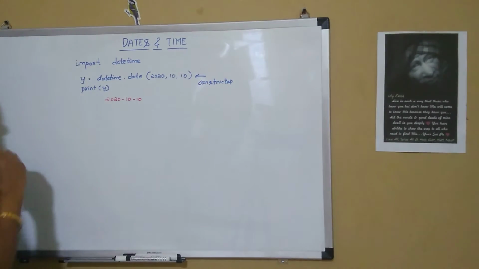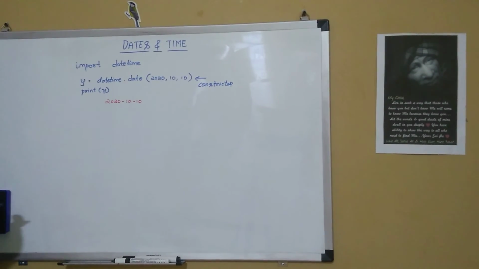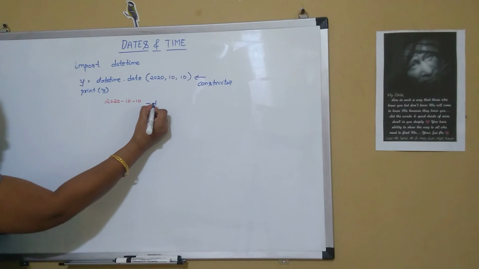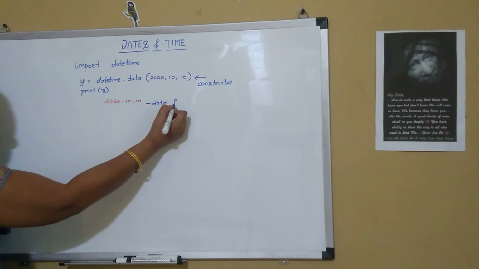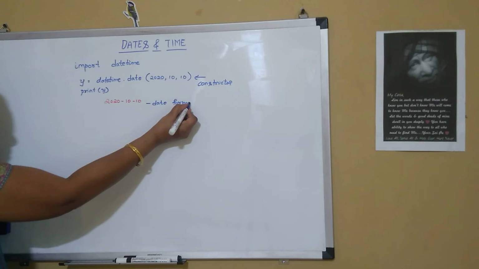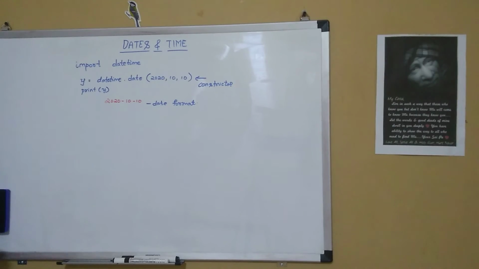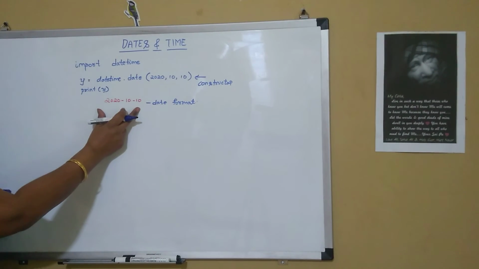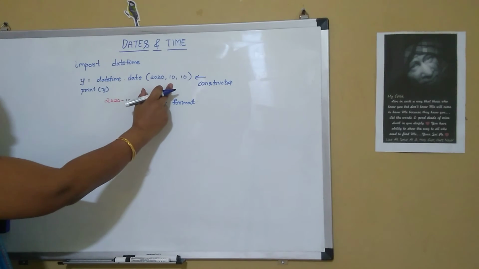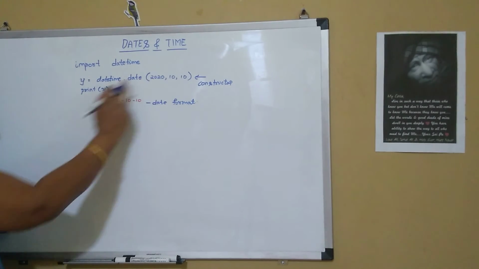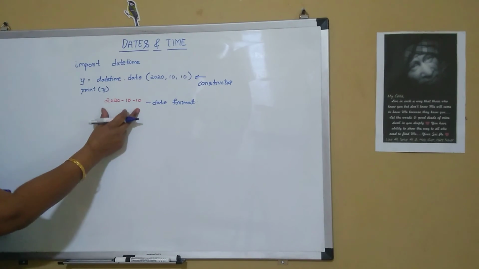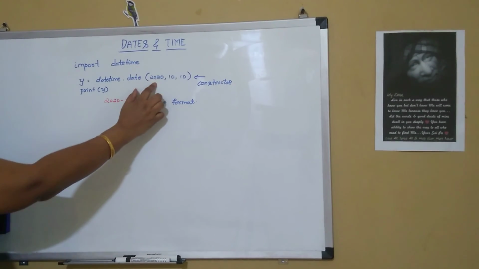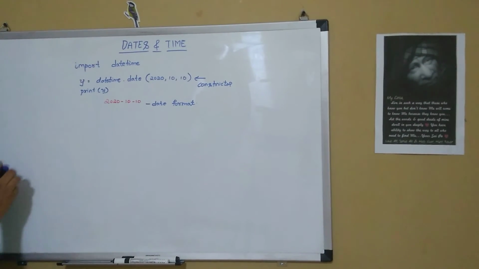Within the date constructor we are passing the values and we get the output in the date format. So this is how we can create a date with any particular values.